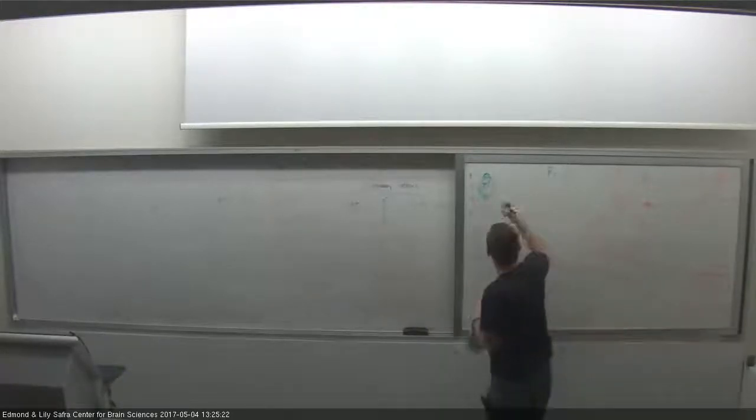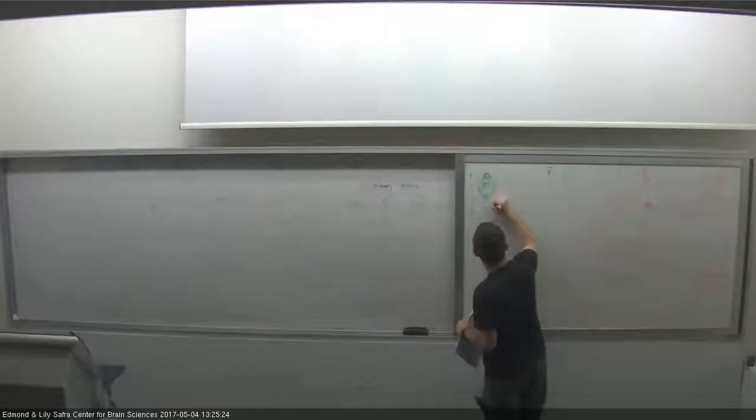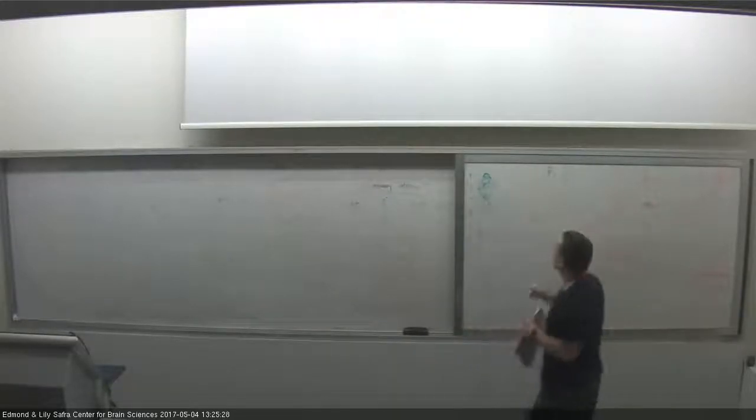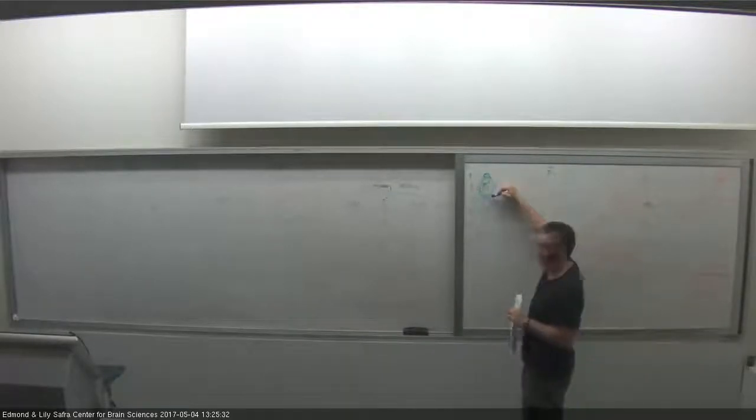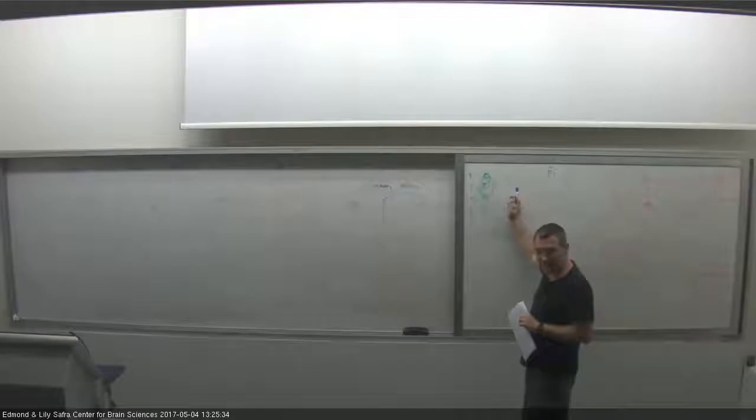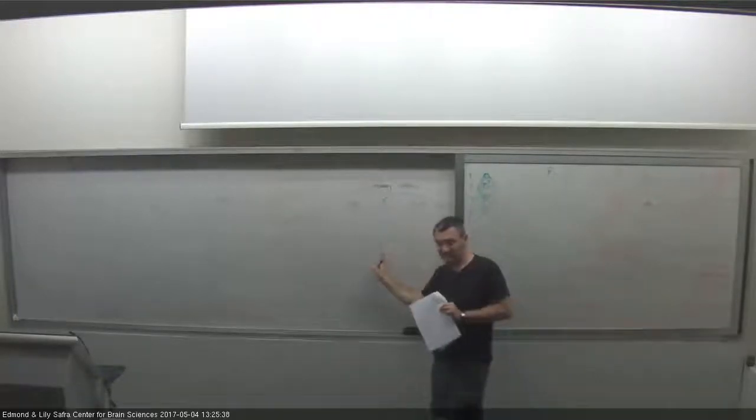So this would be again minus 1 over n and minus 1 over n. And there's 1 to 4 and 2 to 3 and so on. So this is the implementation of this idea in a network with one memory pattern.